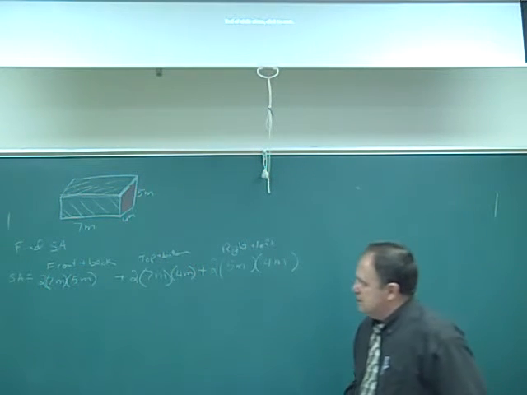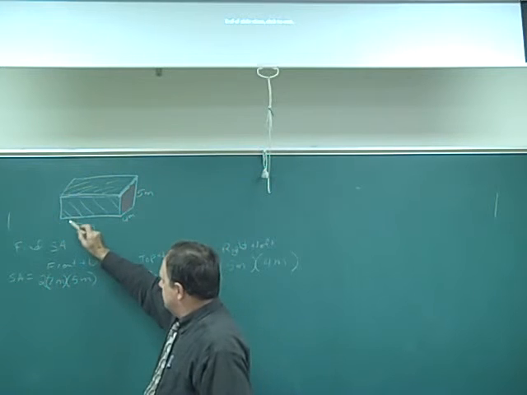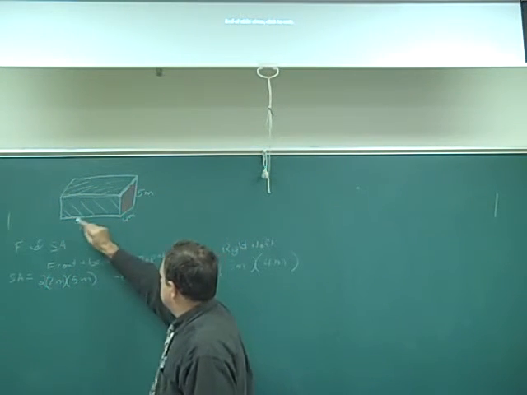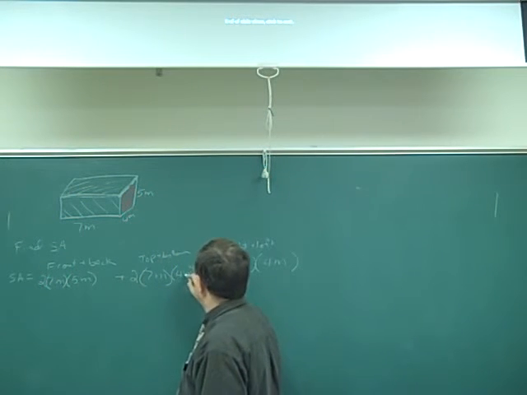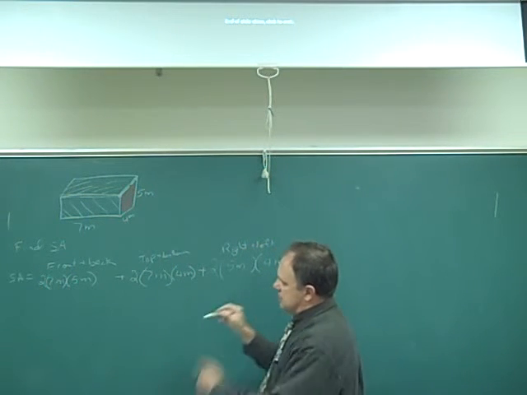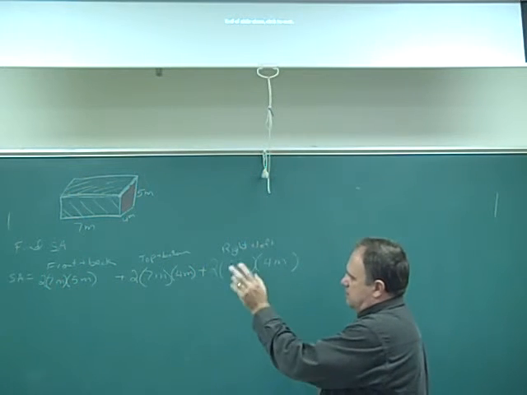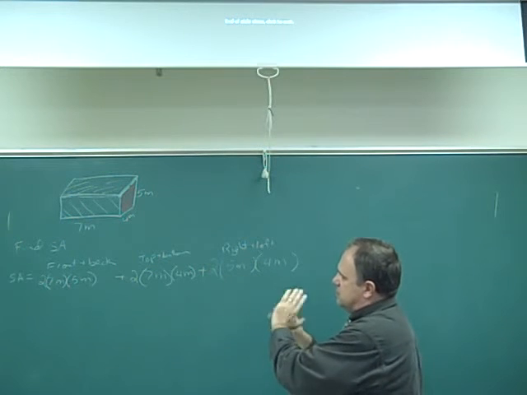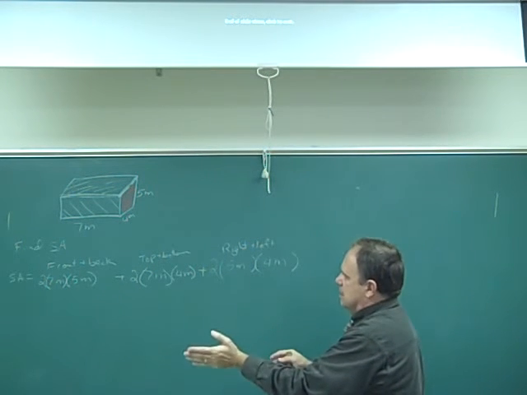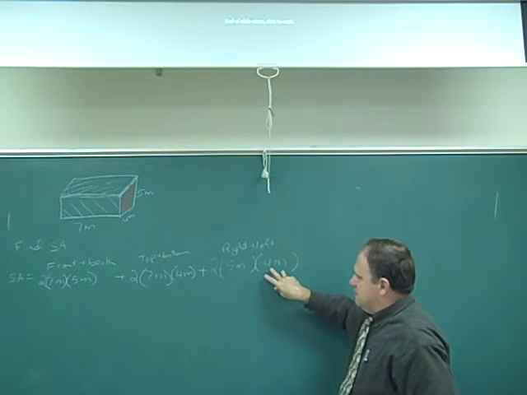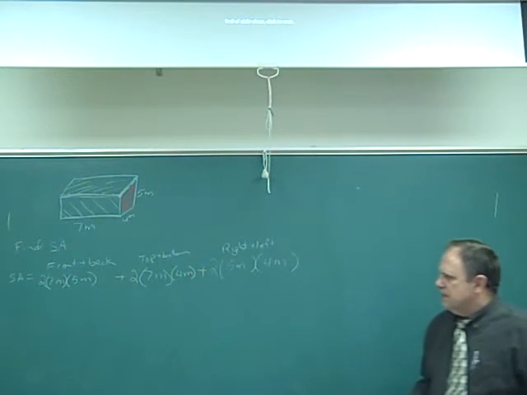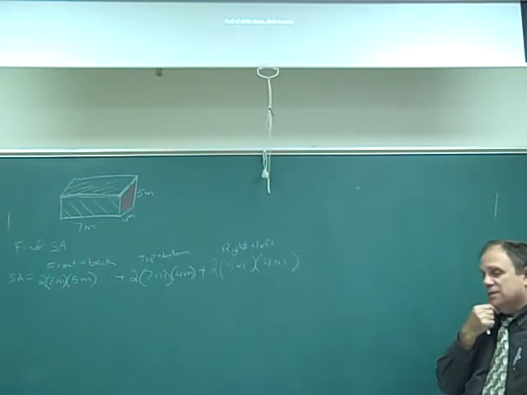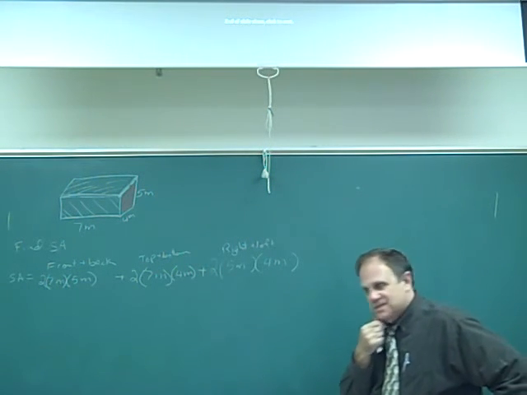Well, let me show you something here. Notice you have 7 times 5, and then 7 times 4, and then 5 times 4. So it's like you're taking 2 times length times width, length times height, and then width times height. So keep that in mind when you're looking at this again some other time. You may see it again.